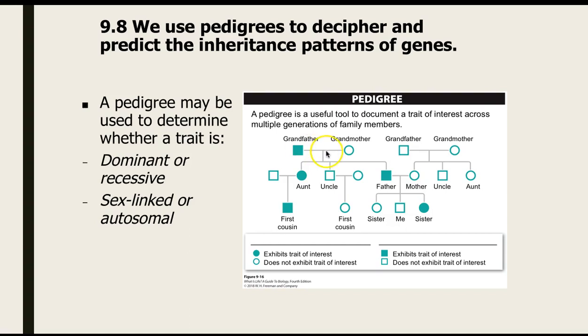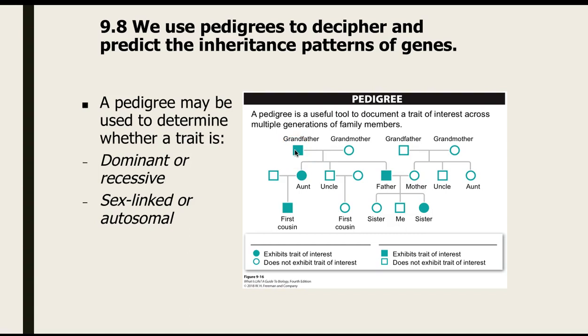So the rules are, if you're trying to figure out whether something is dominant or recessive, and it is the only thing we care about, is this trait carried by anybody that has it filled in dominant or recessive, you have to look at certain patterns.